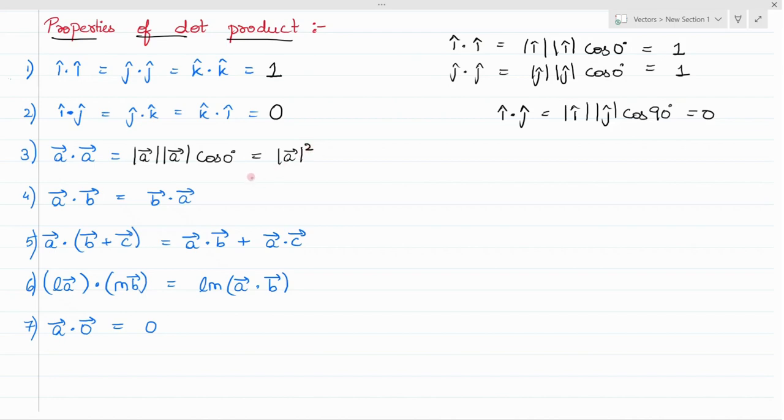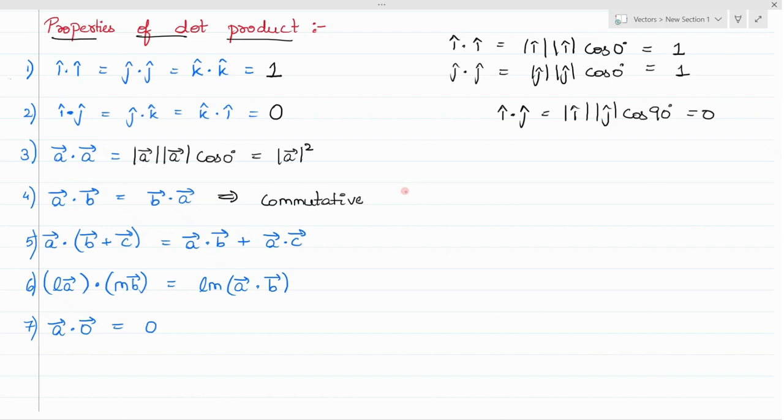magnitude a square. And a dot b is equal to b dot a, which tells us that these two vectors are commutative. Why?